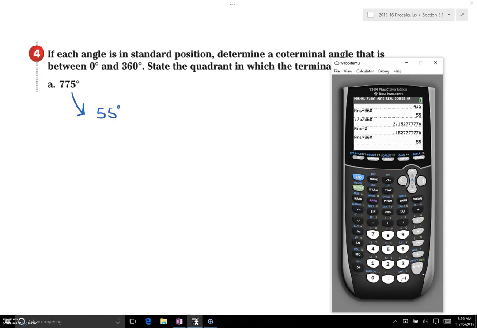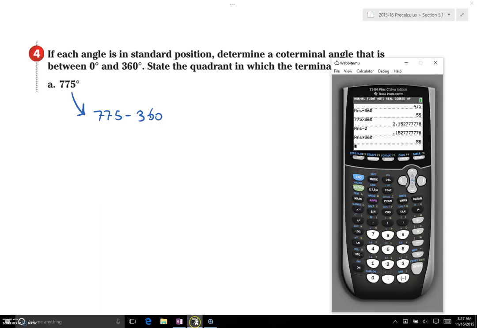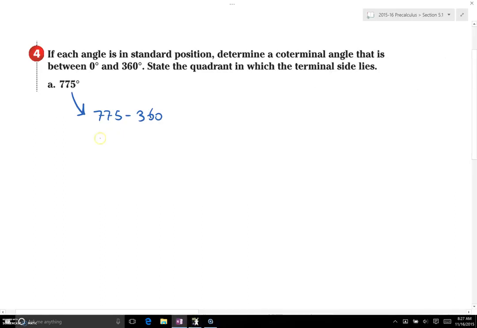So when we multiply that, we get 55 as well. So one way that we did it was 775 minus 360, and that gave us 415. That was still bigger than 360, so we minused 360 again, and that gave us 55 degrees as our coterminal angle.